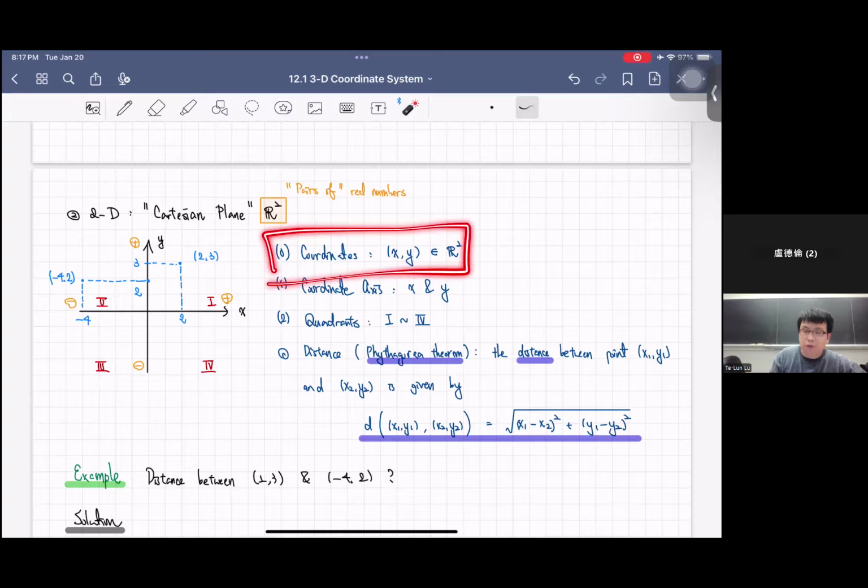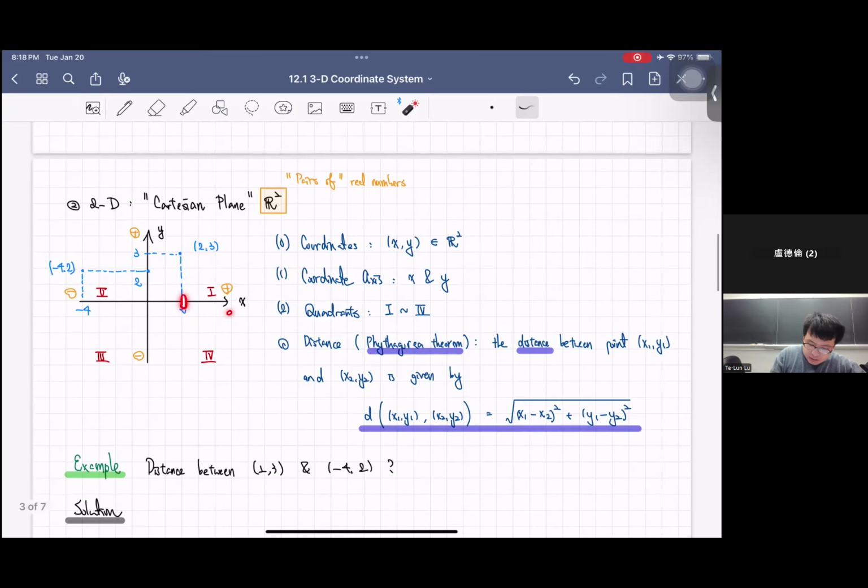As mentioned, for a coordinate or a point, we have x and y, a pair of real numbers. For instance, (2, 3) represents a point where the x coordinate is 2 and the y coordinate is 3. To draw that point on the coordinate plane, you simply mark 2 on the x-axis, 3 on the y-axis, and now you connect those, and you get (2, 3). You can derive a similar algorithm for this point, (-4, 2), right?